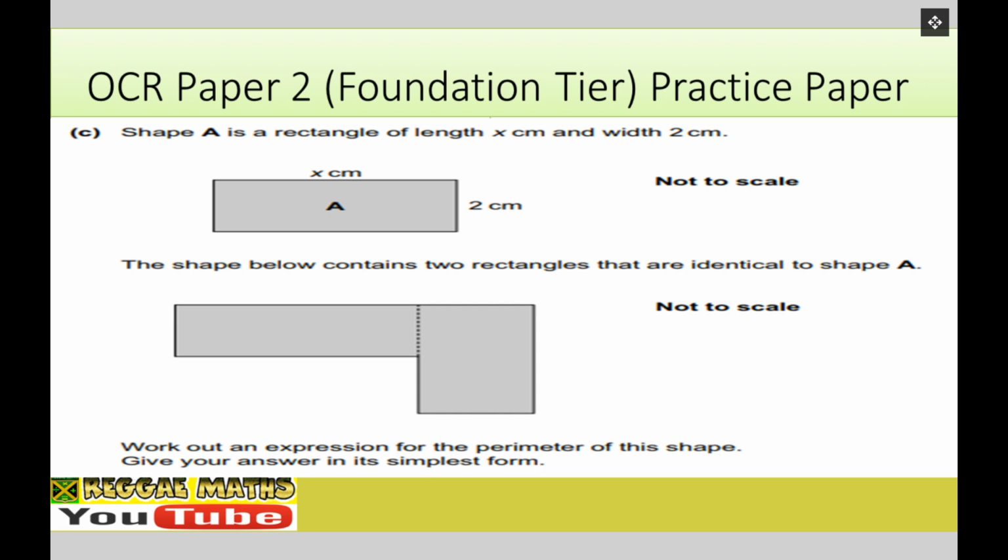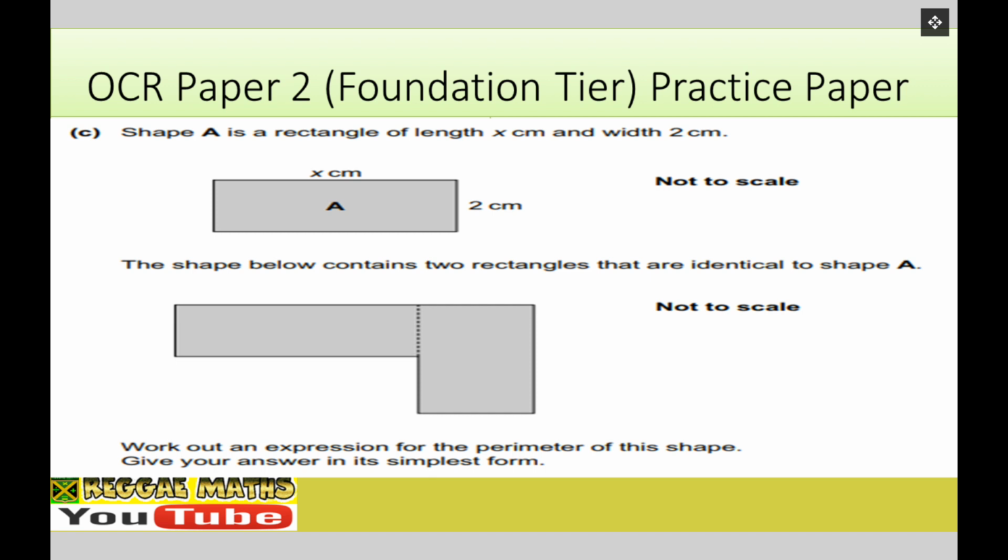Now it says here, shape A is a rectangle of length x and a width of 2 centimeters. The shape below contains 2 rectangles that are identical to shape A. Right, it says work out an expression for the perimeter of this shape.